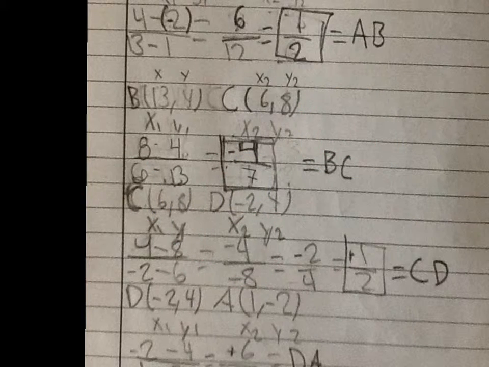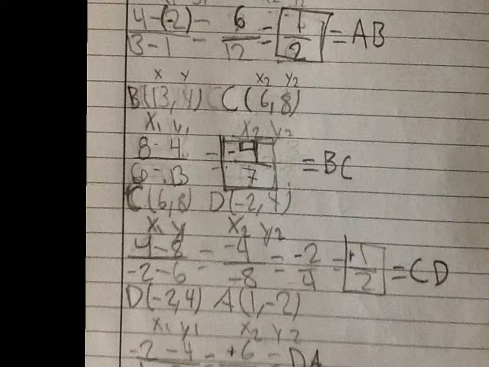Okay, now I had to do BC. So X1 is 13 and Y1 is 4, and X2 is 6 and Y2 is 8. So Y2 has to go first, so it's 8, and then next is Y1, so it's 4.